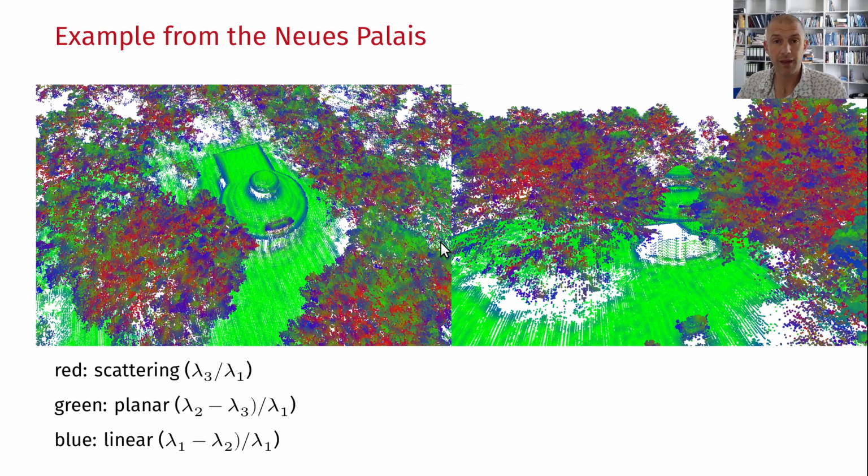So this is something that now could be used for a more sophisticated classification, and it also allows you to nicely assign additional attributes to your point cloud. This is something that we are going to explore in one of the lab exercises.